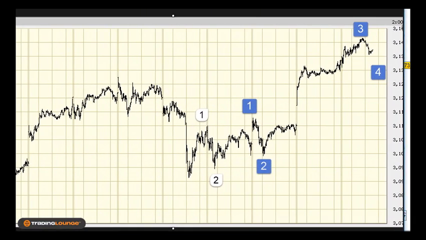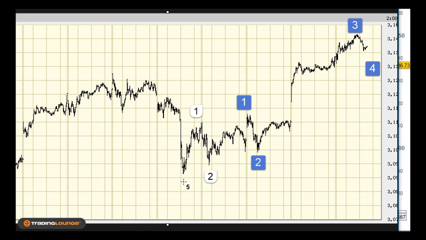But this is the cash market on a 5-minute chart. So from this low here, we've actually got quite a nice impulse wave to the upside with a nice corrective wave for 1 and 2. So I've taken wave 4 in the other market from this low here and looked at this as being 1, 2, 3, 4 and 5 here for 1 and 2, and then 5 waves up for 3 here and coming back for 4 here with the cash markets now closed on close.